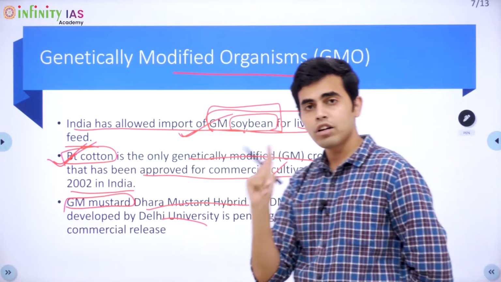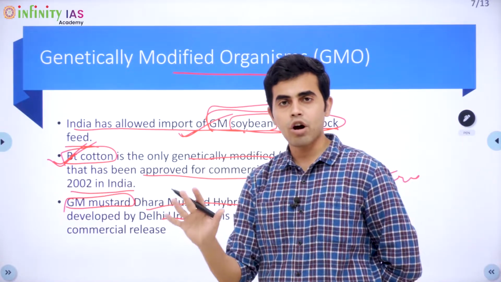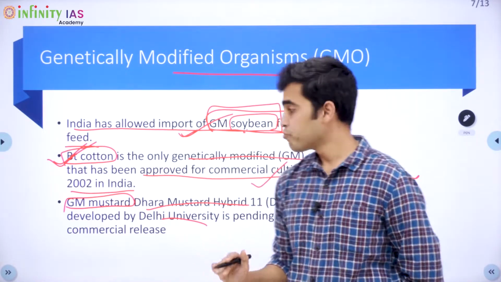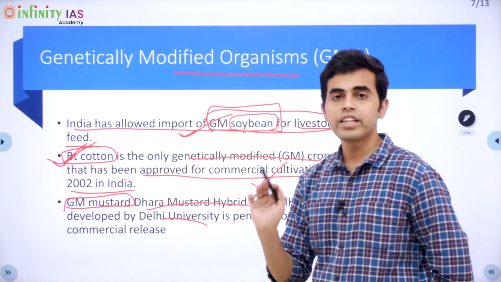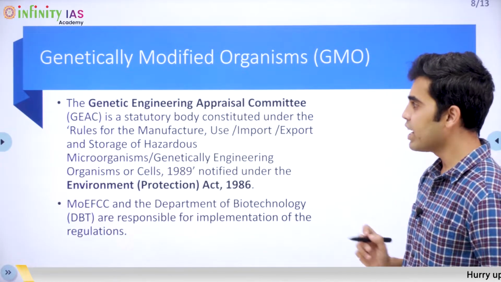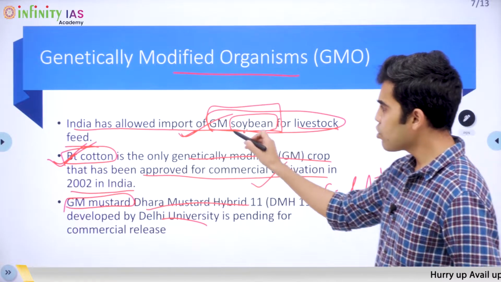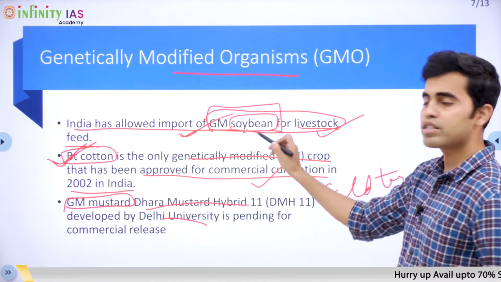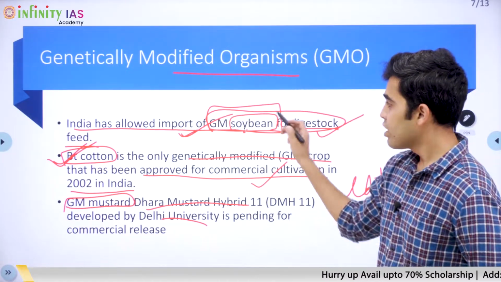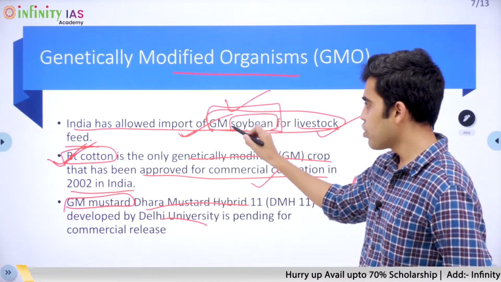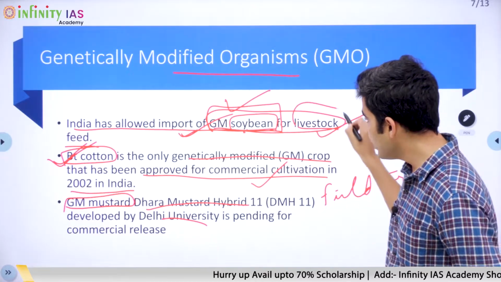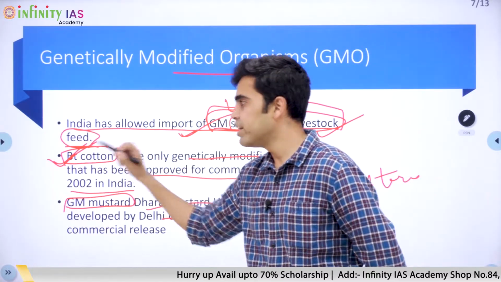So only one crop, that too a cash crop, is allowed in India for commercial cultivation. GM mustard is not yet given approval because it might affect human health. So this part in current affairs becomes very important for prelims examination. We need to remember it is GM soybean, genetically modified soybean, and it is only for livestock feed.